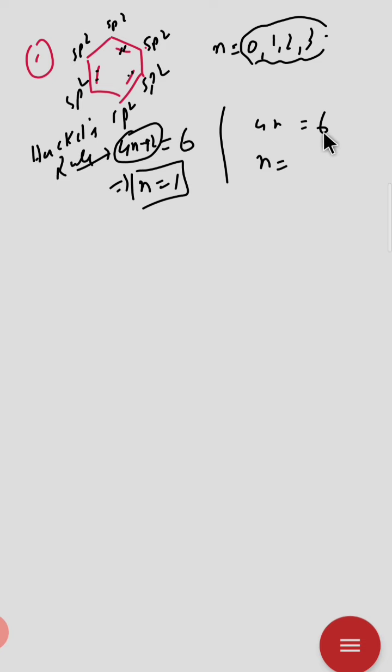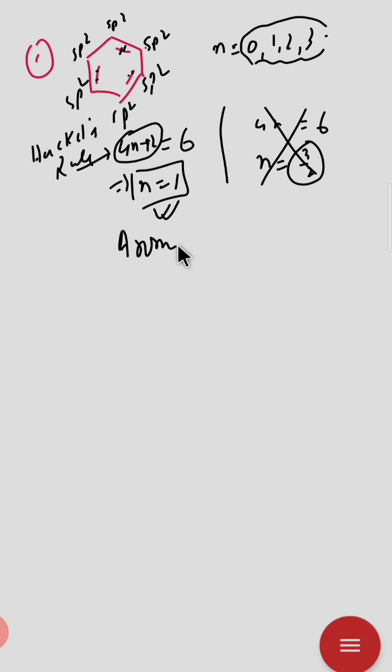For example, 6 by 4 gives 3 by 2, which is not one of these numbers, so it is not anti-aromatic. With 4n plus 2, n is equal to 1, so it follows Huckel's rule, which means this benzene is aromatic.